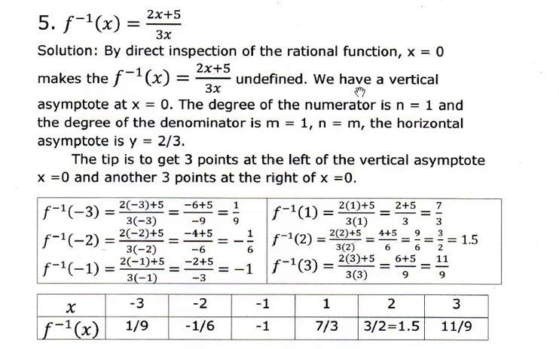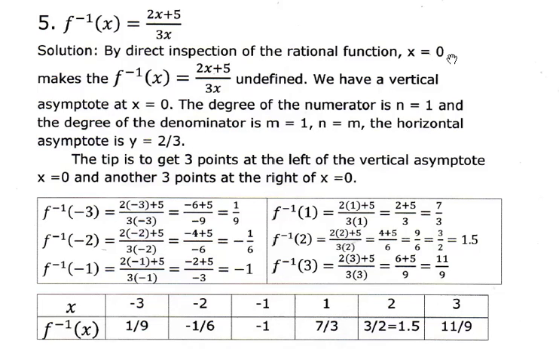So we have a vertical asymptote at x equals 0. Then the degree of the numerator n is 1 and m is 1 also, so n equals m. The horizontal asymptote lies in a over b, and this is our a, 2, and this is our b, 3. So y equals 2/3 is the horizontal asymptote.